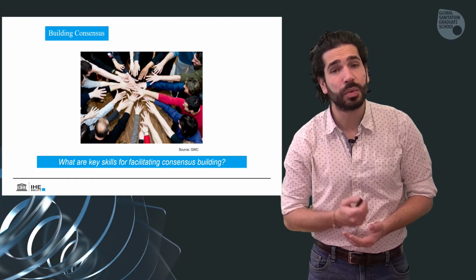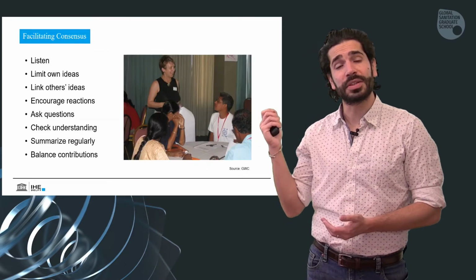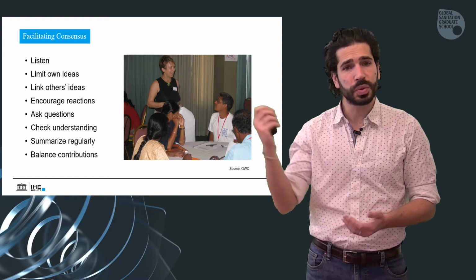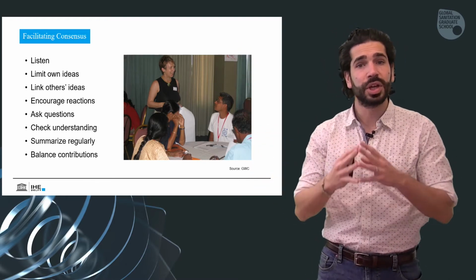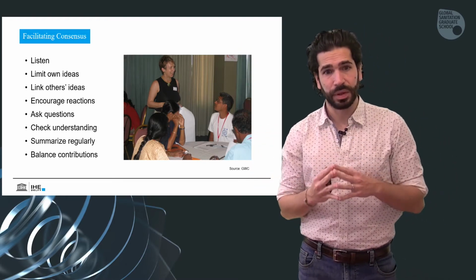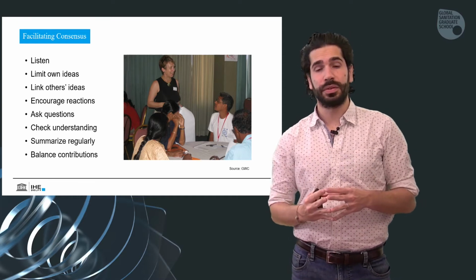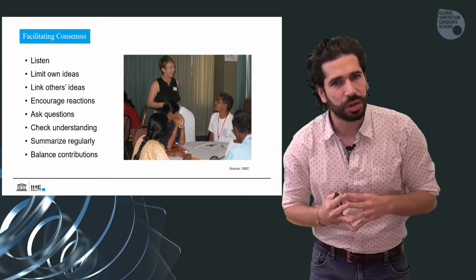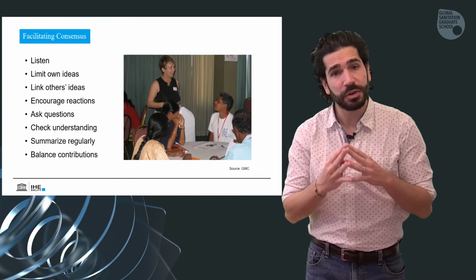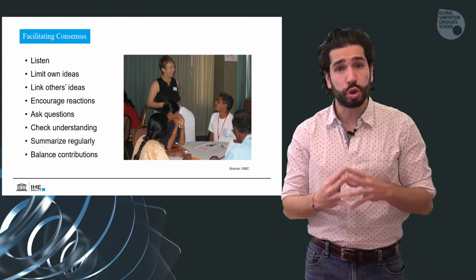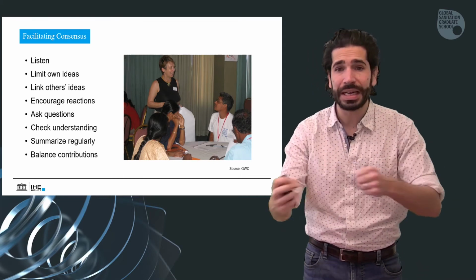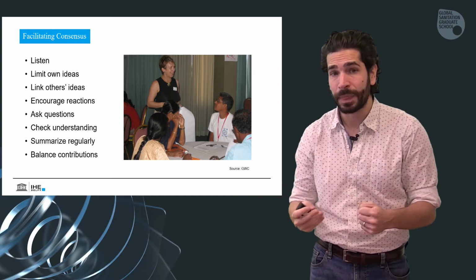So, depending on what skills you came up with, let's look at the list. You will see that some of these are quite obvious, but I want to highlight a couple that are key. Limit your own ideas. Now, this is particular to the role of a facilitator. If you're facilitating consensus, your job is to make sure that you draw out ideas of as many people as you can.